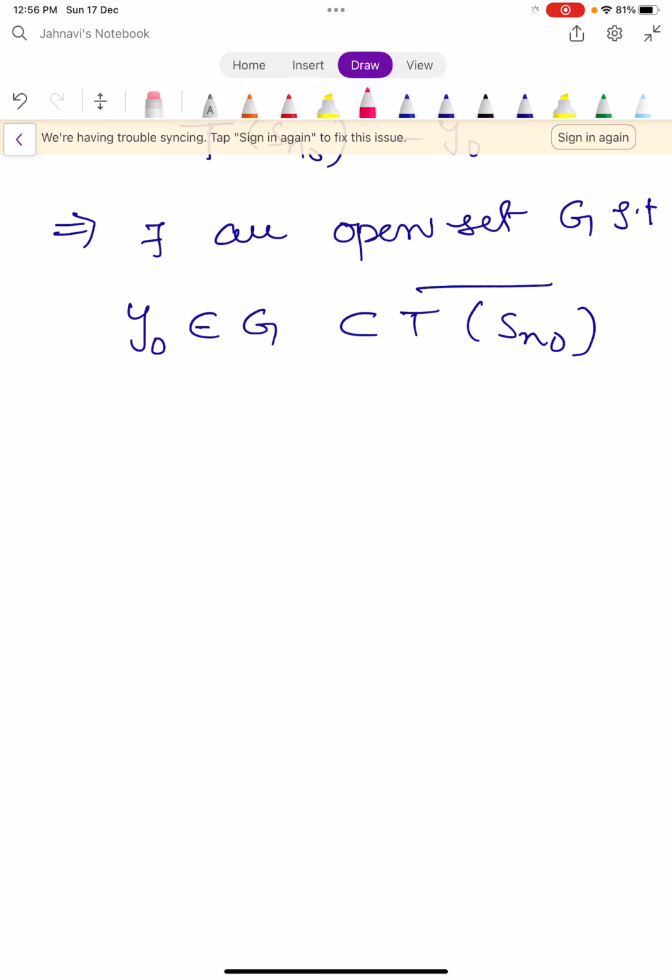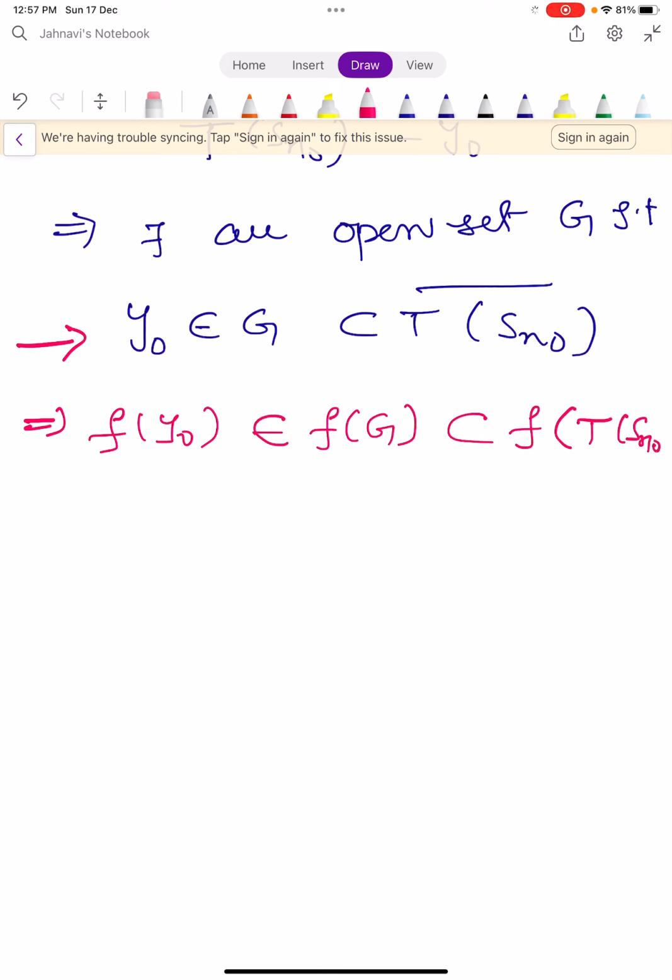Applying the same condition, f(y naught) belongs to f(G), which is a subset of f(T(S_n0 bar)).